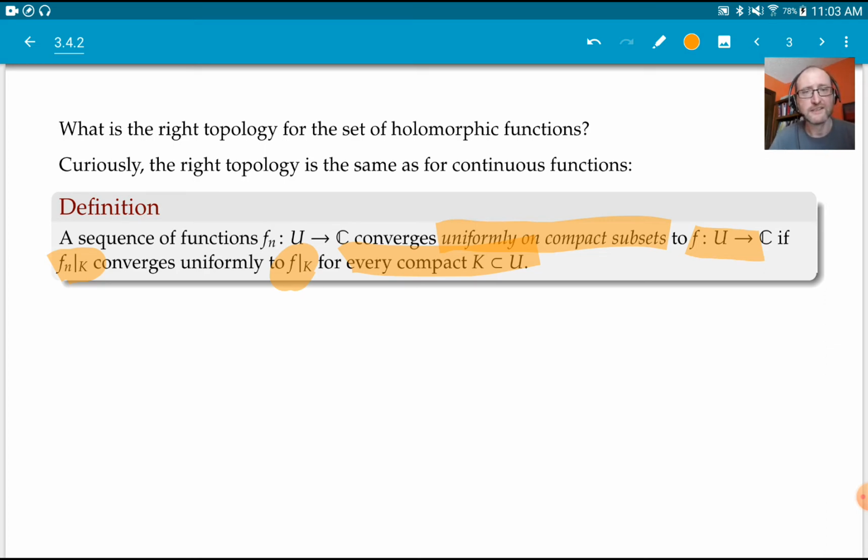Of course, it's not going to be necessarily uniform in all of U. If you want to get closer to the limit, if you're closer to the boundary of U, then you might have to go further. But that's the topology.